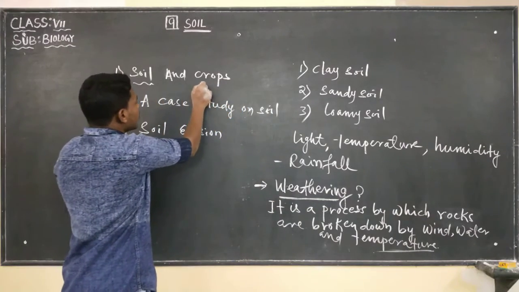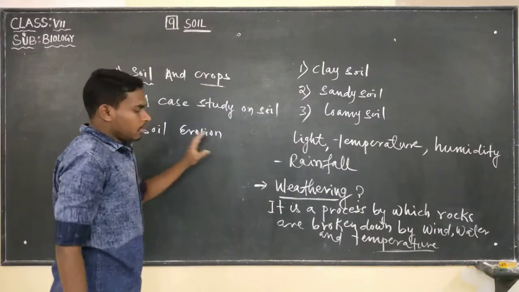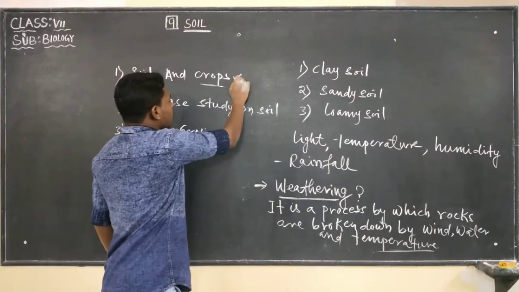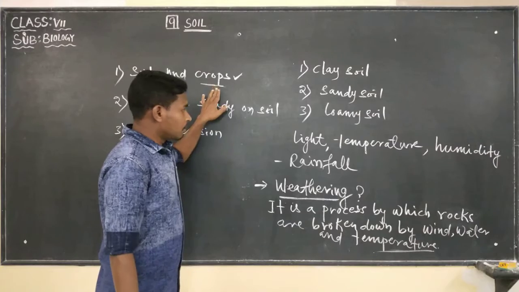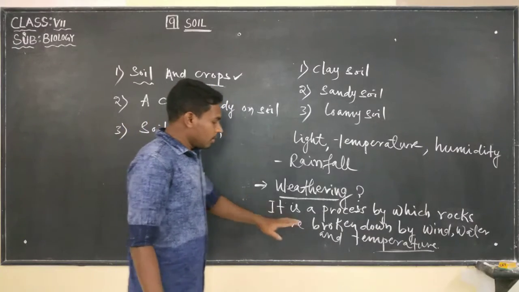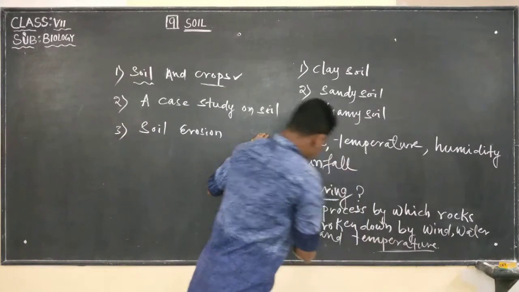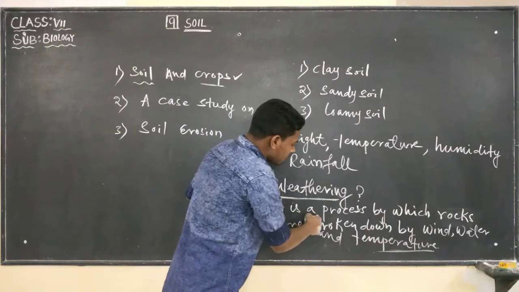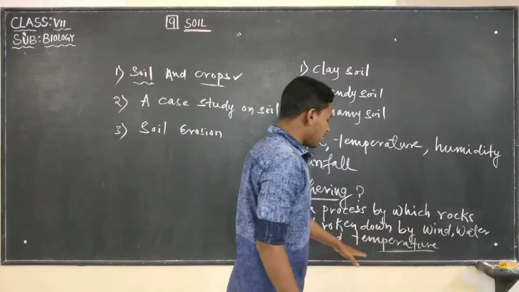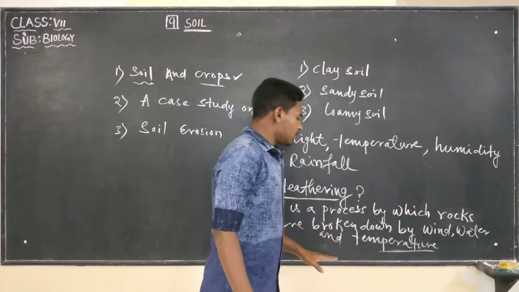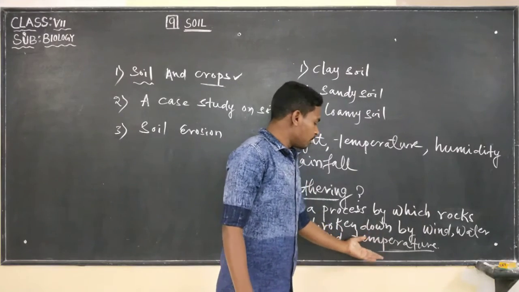Now we will see the crops that are grown in different parts of India. Before that, a small correction: weathering is a process by which rocks are broken down by wind, water, and temperature. Temperature in the sense cold may be temperature, hot may be temperature.